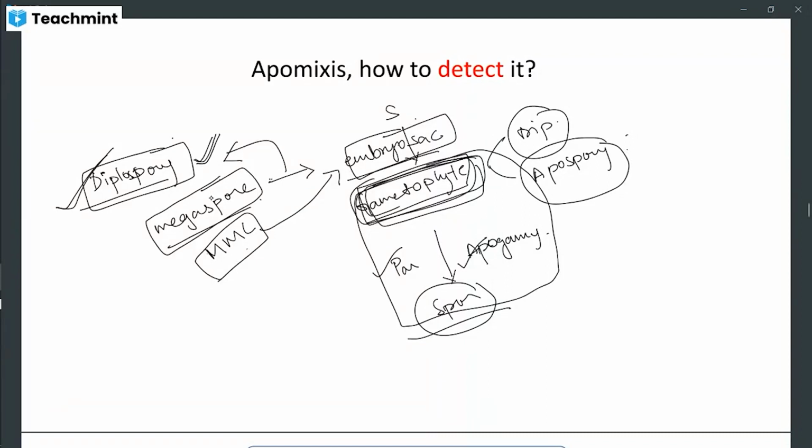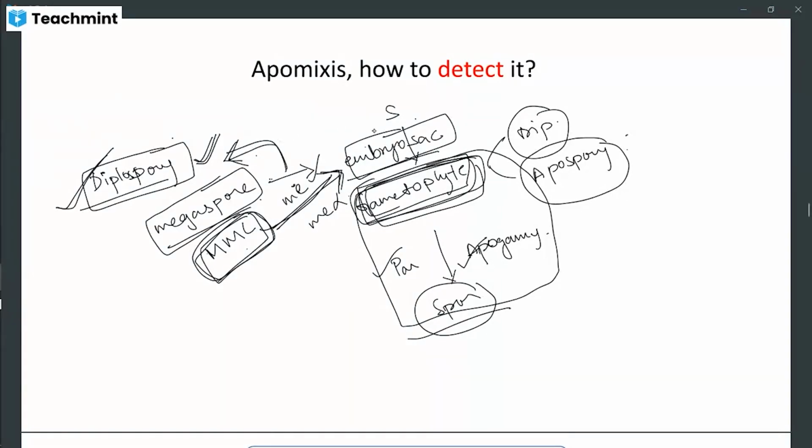Sir, then there is no meiosis? Yeah, there might be meiosis or there might not be. But if the megaspore mother cell directly develops into the embryo sac, this is known as diplospory.